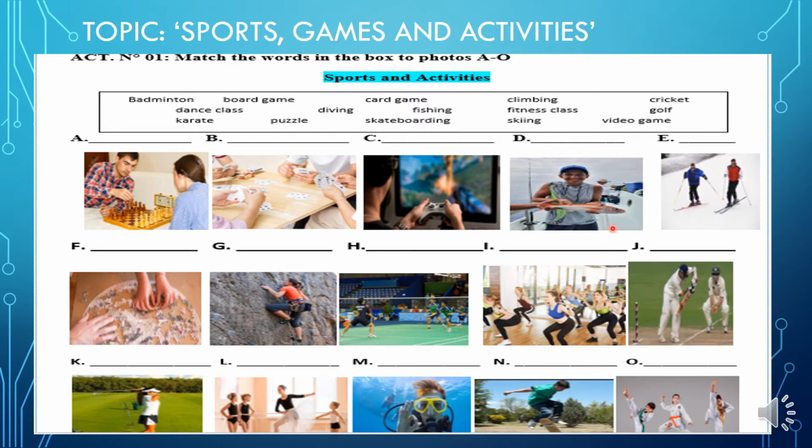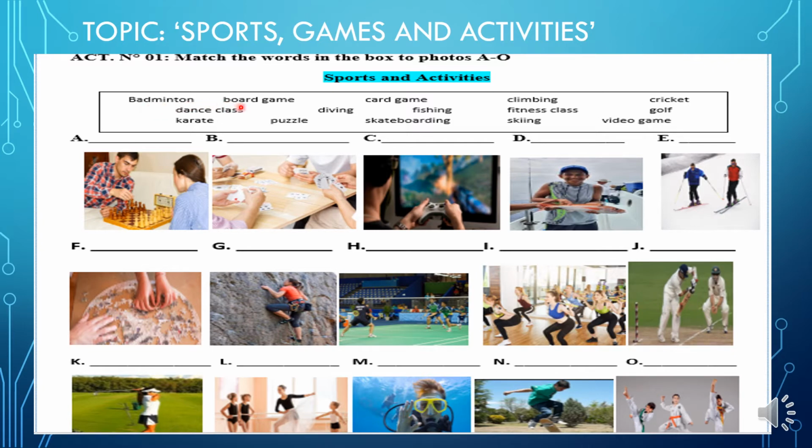Okay, so I think this activity is going to be so easy to solve, but it depends on checking the meaning of these words. So let's check the pronunciation of each one of them. So we are going to repeat it, and we have the first word, badminton.